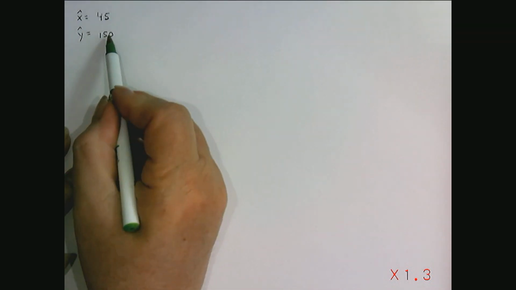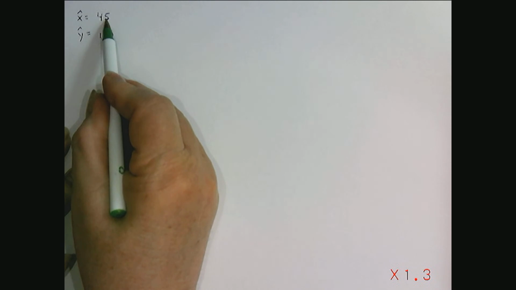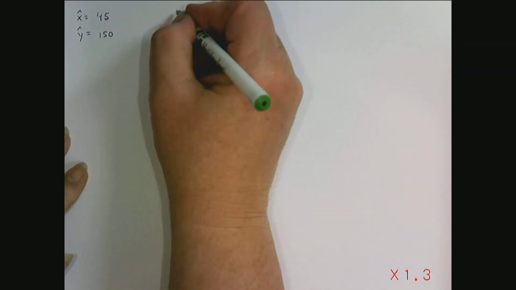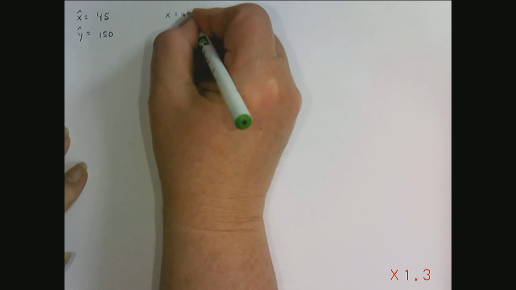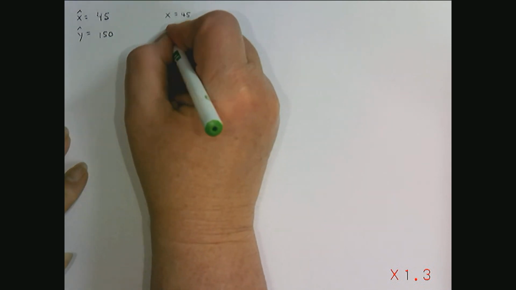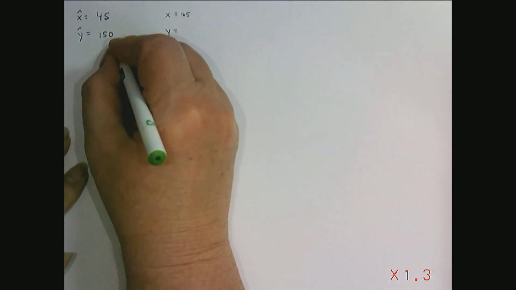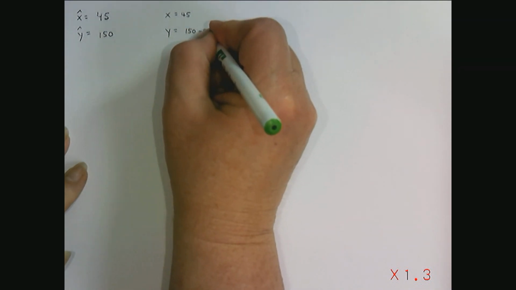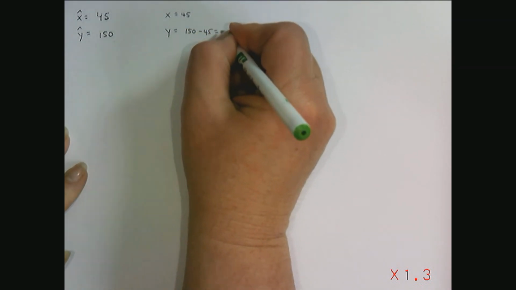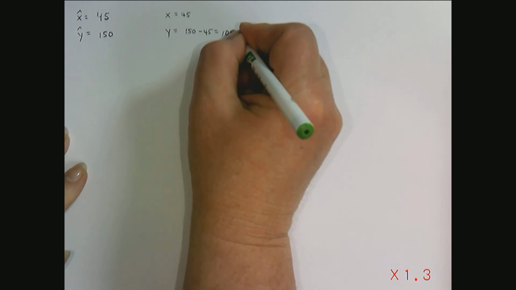So originally, y is greater than x. And so x stays 45, but y becomes 150 minus 45, or if I did my arithmetic correct, 105.